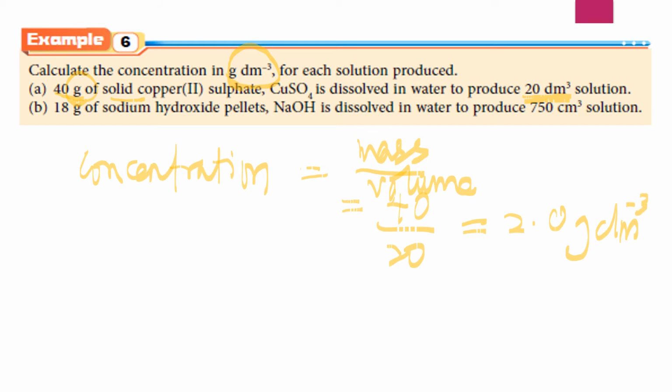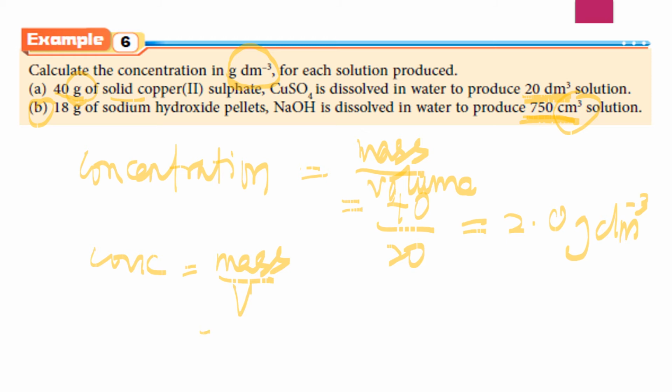Okay, and B, 18 gram of sodium hydroxide pellet is dissolved in water to produce 750 centimeter cube of solution. See the unit, so you have to convert the unit first. Use the same formula, concentration equals mass over volume.